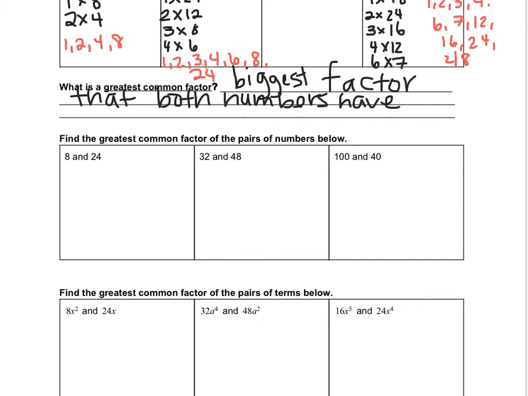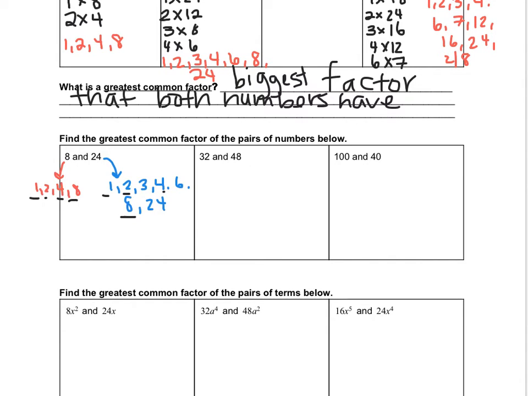So, for example, we knew that the factors of 8, if we're trying to find the greatest common factor of 8 and 24, are 1, 2, 4, and 8. And we know that the factors of 24 are 1, 2, 3, 4, 6, 8, and 24. And the ones that they have in common, well, they both have 1, 2, 4, and 8. 1, 2, 4, and 8 are in both lists.